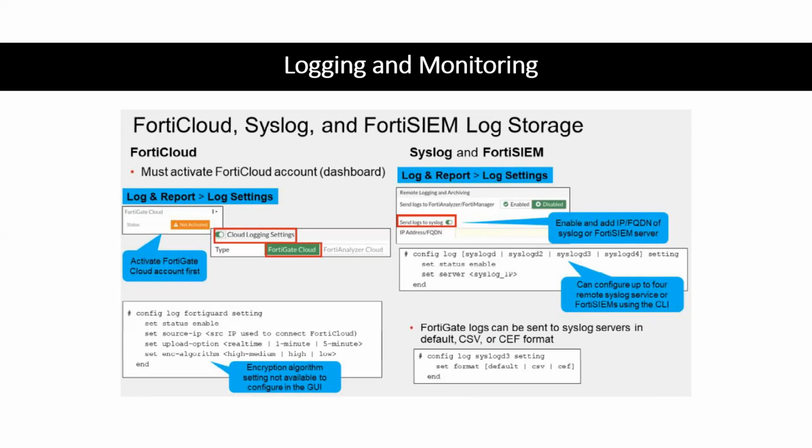That CEF format is typically used with SIEM systems. So you can configure it as granularly as works for your organization. For the exam, you just need to understand that these two options exist.